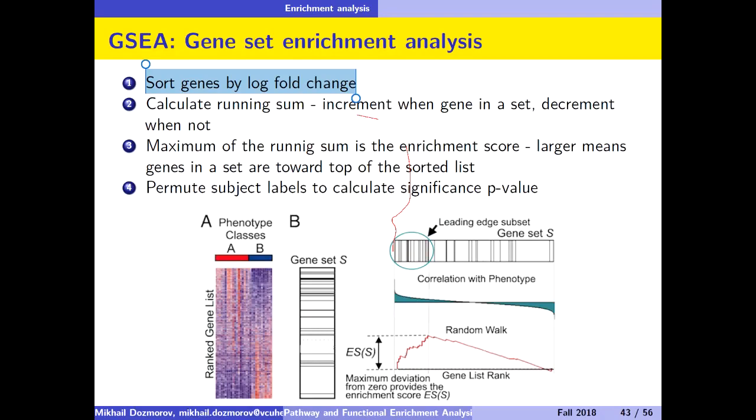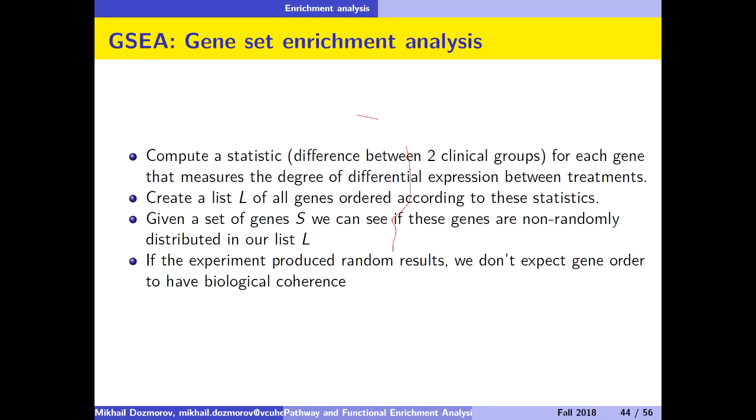But eventually they won't be in the hypoxia pathway, and you decrease this enrichment score, and you can calculate the maximum of this enrichment score. This will be the enrichment score of your ranked gene list in a particular pathway. And you can do it for multiple gene lists from a pathway or from gene ontology, and calculate significance p-values.